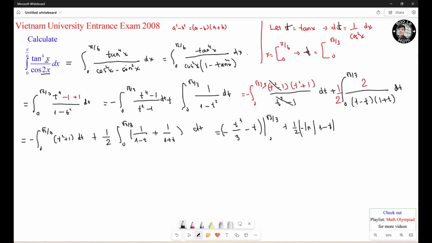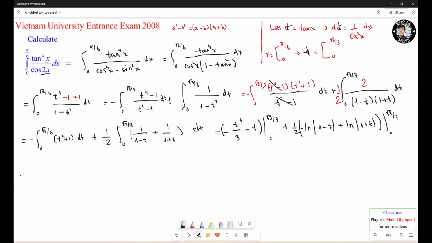Alright, because when you take the derivative of this one, it turns out to be 1 over 1 minus t, plus natural log of absolute value of 1 plus t. All together evaluated from 0 to root 3 over 3.